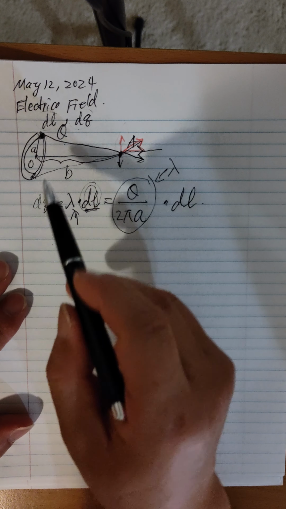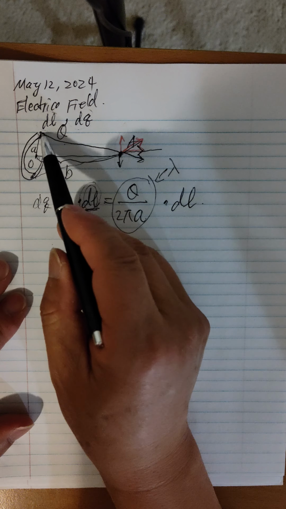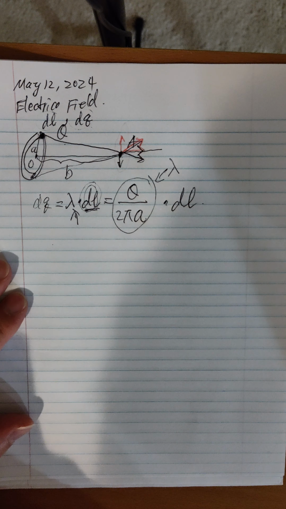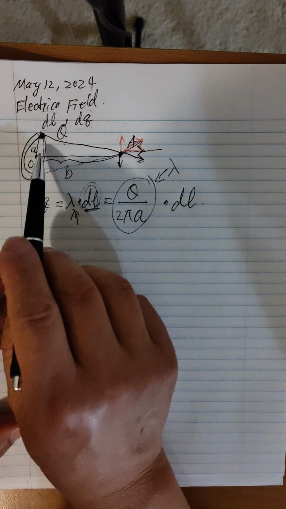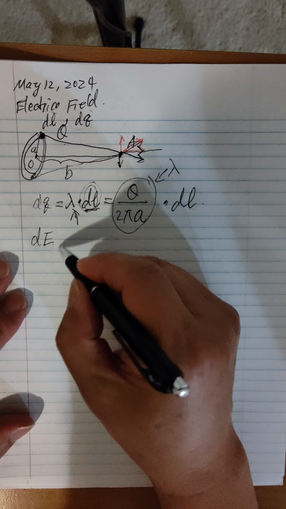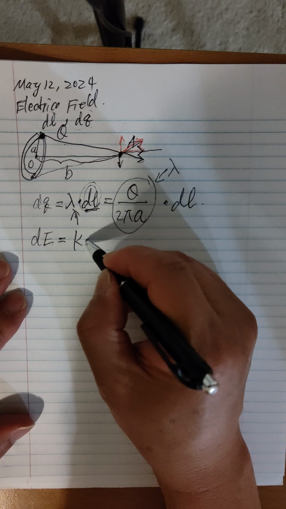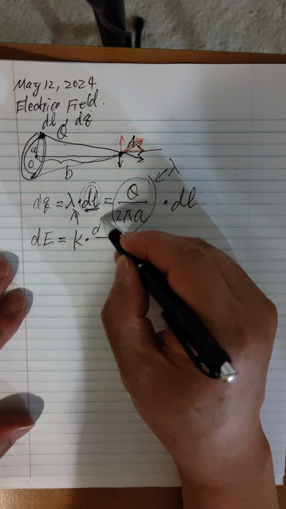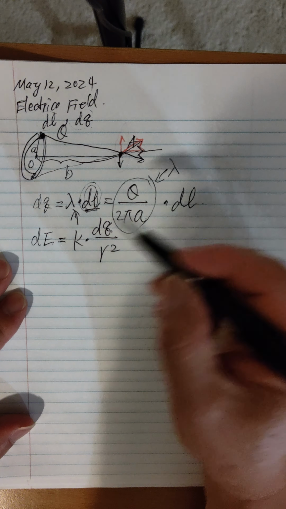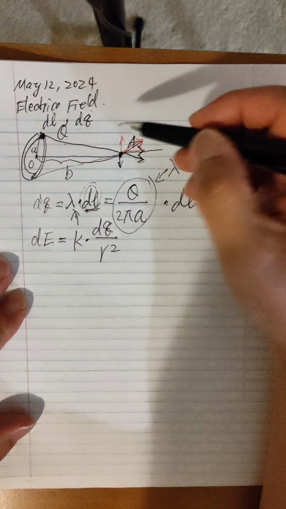Now, based on what we learned last time, if we treat this dq as a point charge, then we already know dE is going to be k times the point charge, which is dq over r squared. That's what we learned last time.